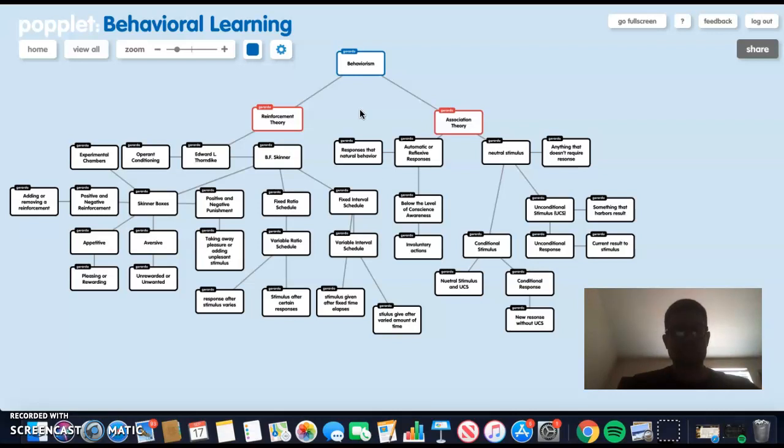And then we have 4 different time schedules, really. There are different times where adding the stimulus was recorded, and there were 4 different ones: fixed ratio schedule, variable ratio schedule, fixed interval schedule, and variable interval schedule. The fixed ratio schedule was basically a fixed time where the stimulus was given.